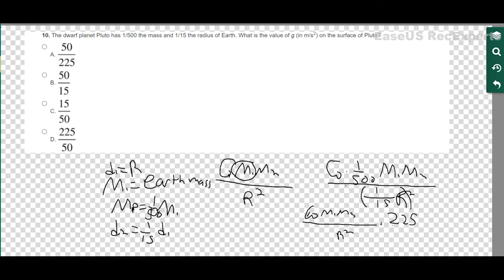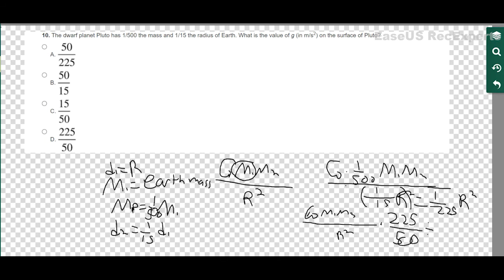225 over 500. Now the reason for that being, if you were to have this multiplied out, you would get 1 over 225 r squared. Now if we want to take out the 1 overs, the reciprocal of 500 on the numerator would equal 500 on the denominator, and the reciprocal of 225 on the denominator would equate to 225 on the numerator through algebra, right?